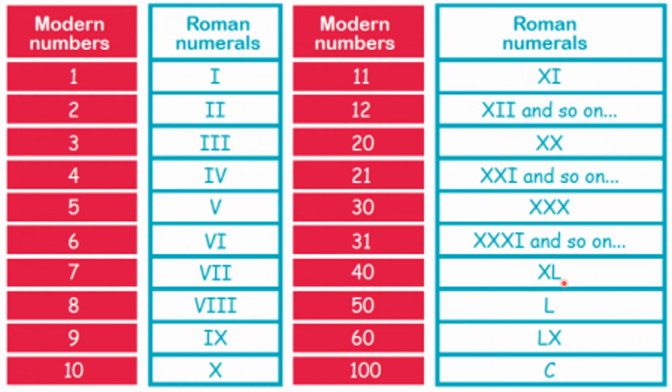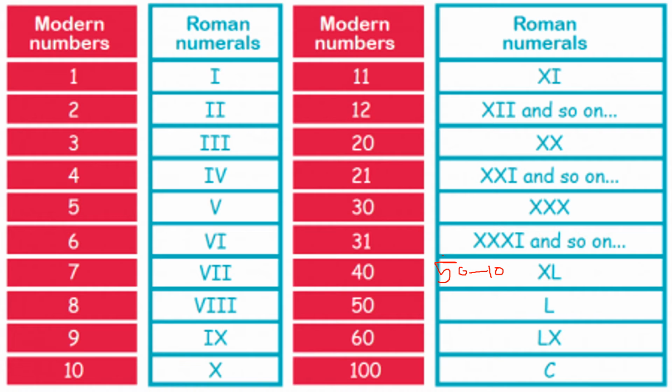L represents 50. So, like I said, if a letter which has a smaller value than the next letter is before the letter, it means that we minus it. So L is 50, X is 10. So 50 minus 10 is equal to 40.